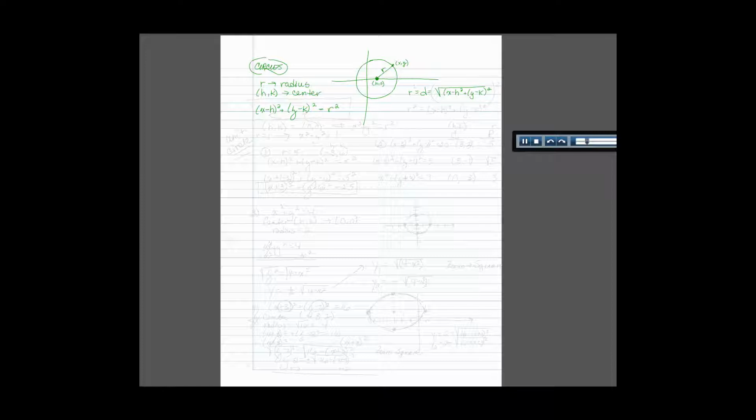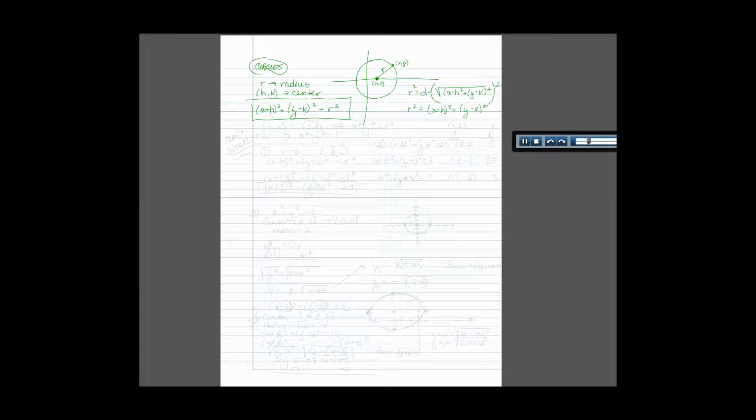And so then if I square both sides of that, I get r squared equals x minus h squared plus y minus k squared, which is exactly what I just said right here is considered the standard form of the equation of a circle.